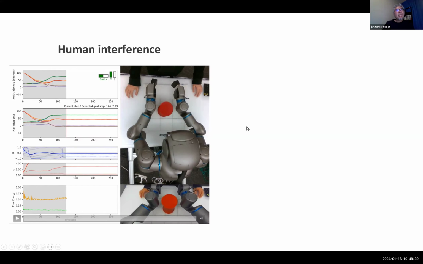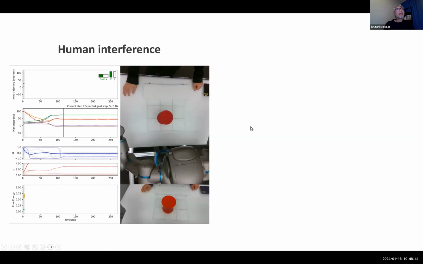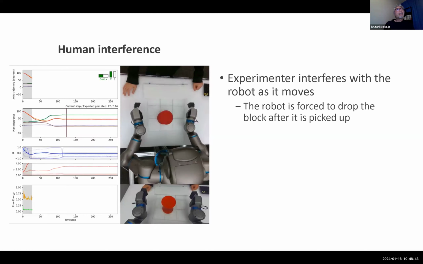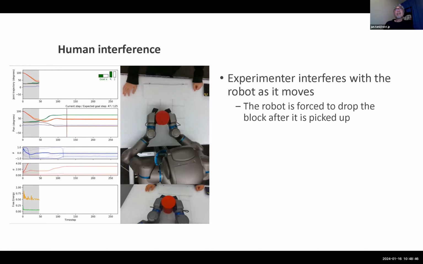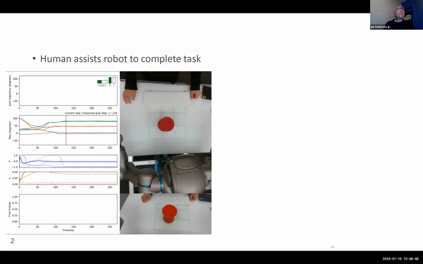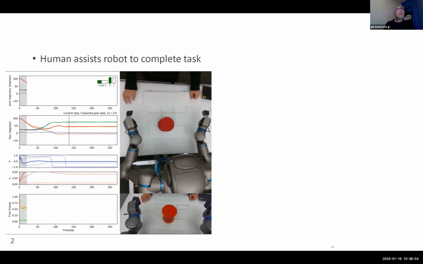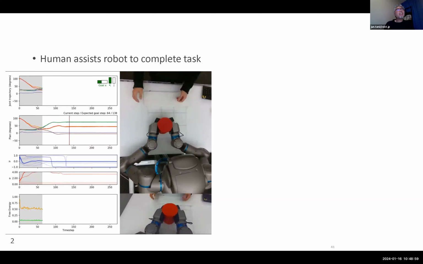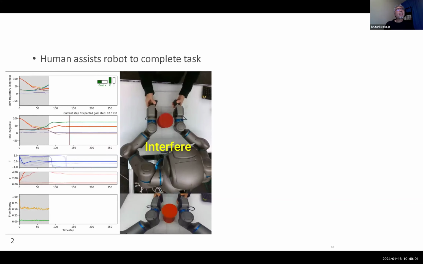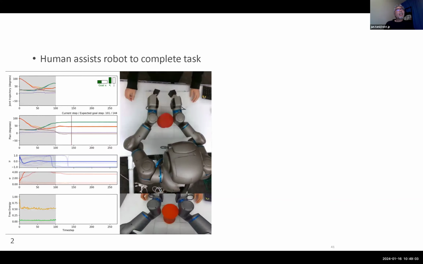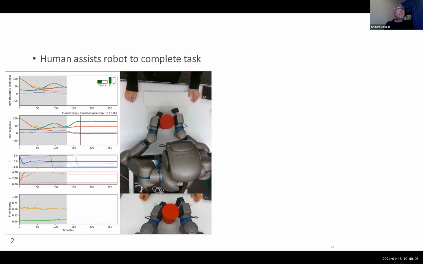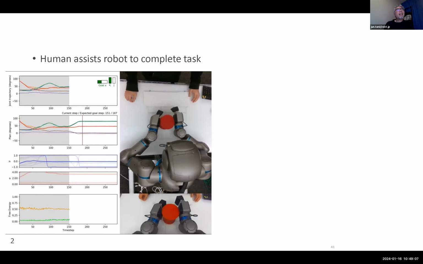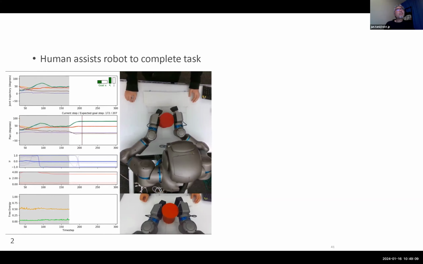So the human assists the robot to complete the task. Again, the human interferes first, the robot is lost, and then the human assists the robot to complete the task.